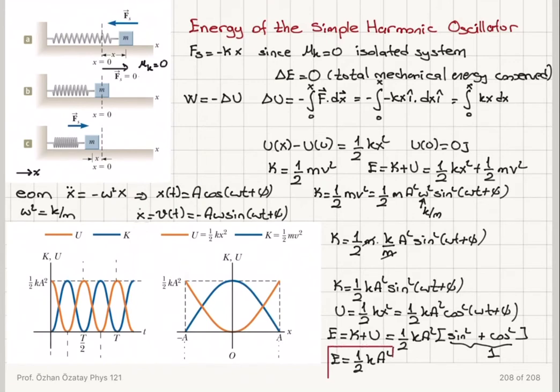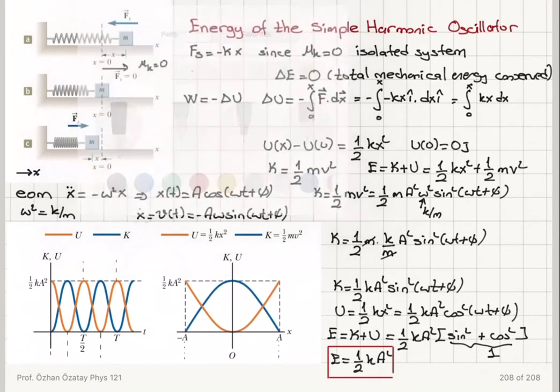So the total mechanical energy of the system has to be 1 over 2 ka squared. So this is what I find. It's a constant, and throughout the motion the total mechanical energy is conserved, and it must be equal to 1 over 2 ka squared.